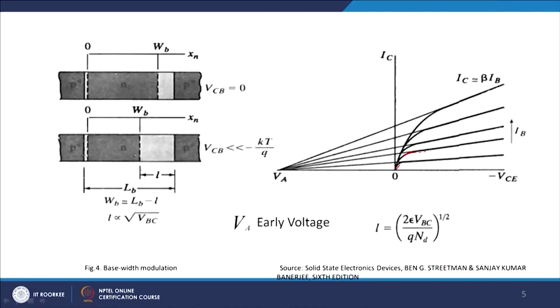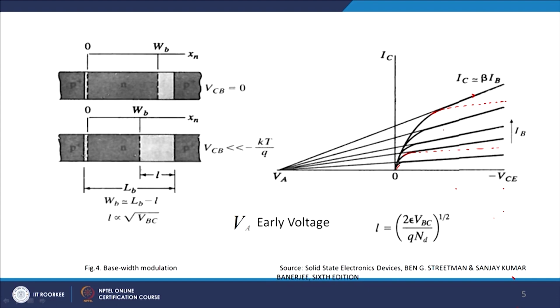If there had not been an early effect, it would have been constant like this. But at a higher value of VCB, this profile is becoming high, which means this value is becoming high and therefore IC becomes large.